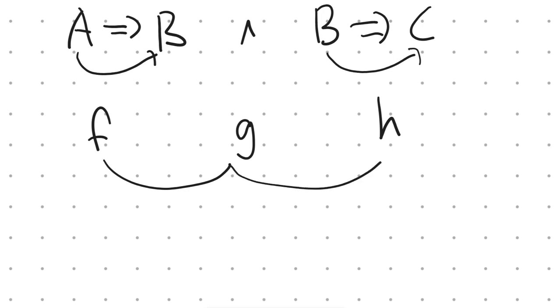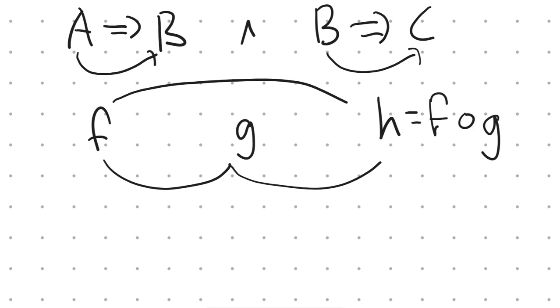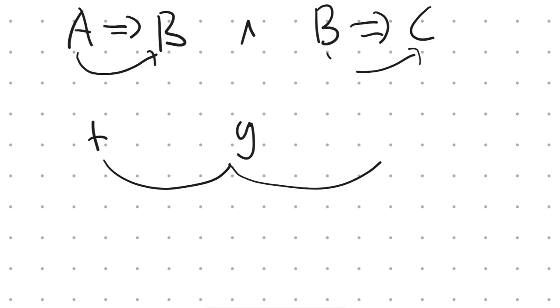Let's say H is like F and G combined. Then it's the same thing as going from F to H or F to F combined with G. So this is just like some logic stuff.